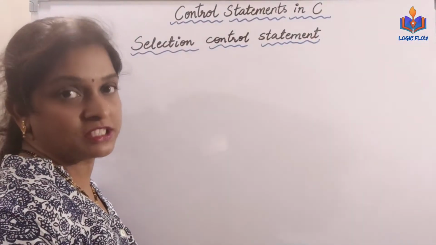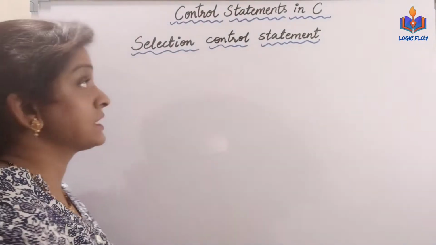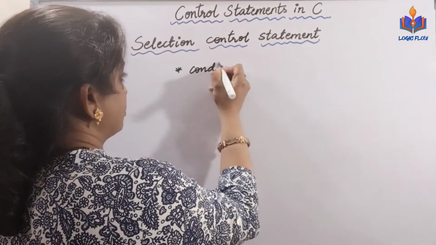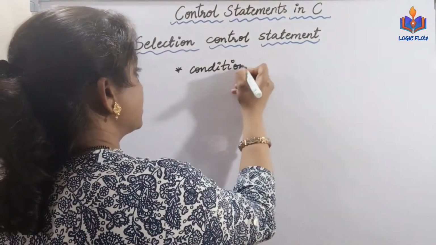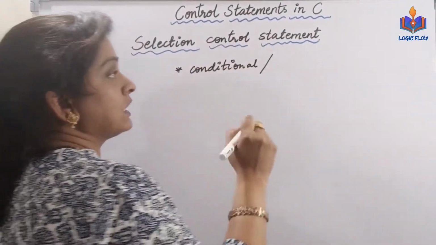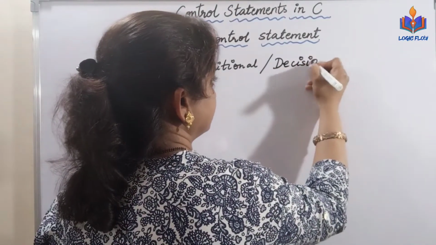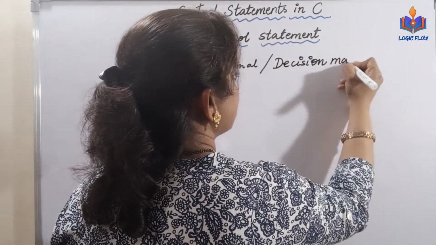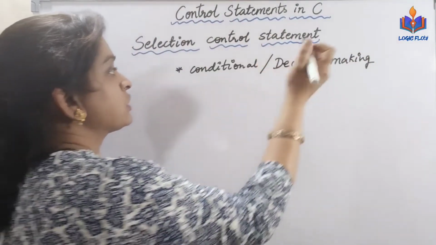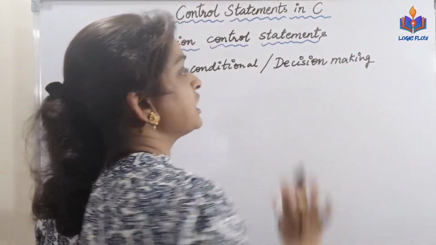The selection control statement is also called a conditional control statement, or it is also called a decision making statement. So selection control statements, or we can call them conditional statements or decision making statements.